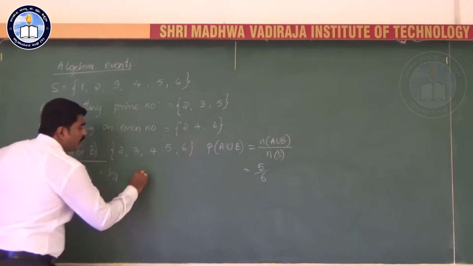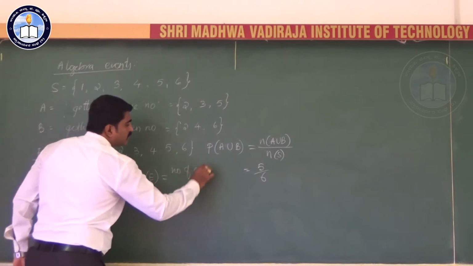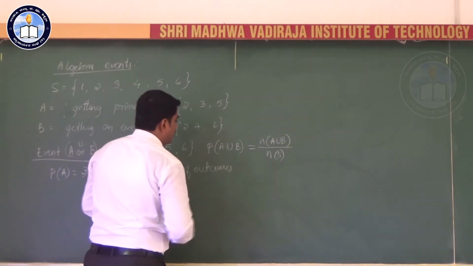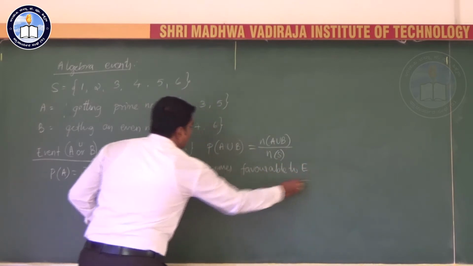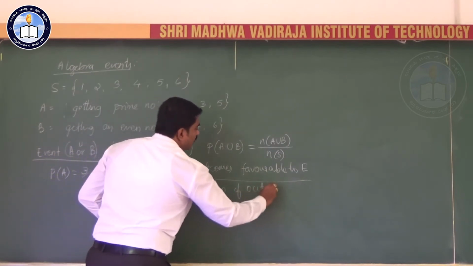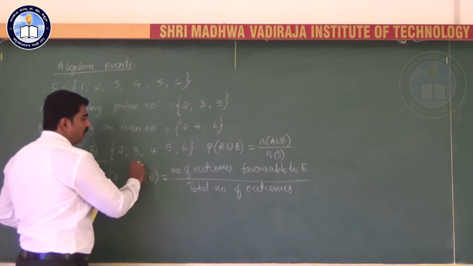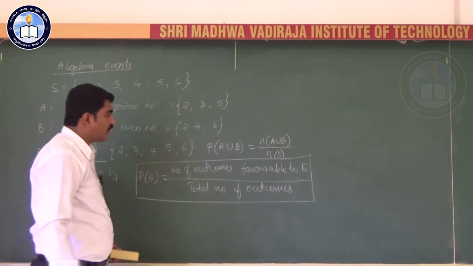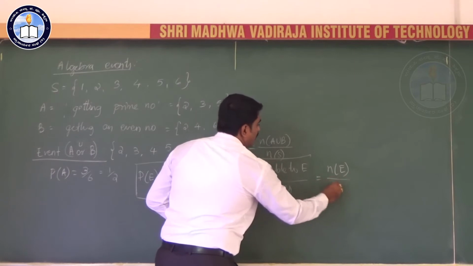So the probability of any event E is the number of outcomes favorable to the event E divided by the total number of outcomes. So this is the way of finding the probability of any event, taken as n of E divided by n of S.